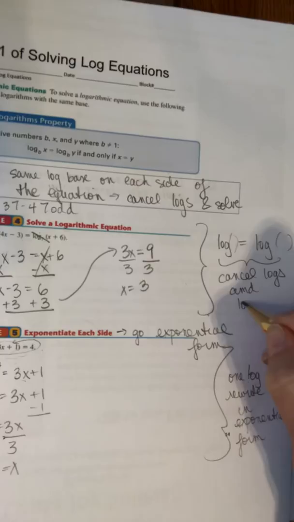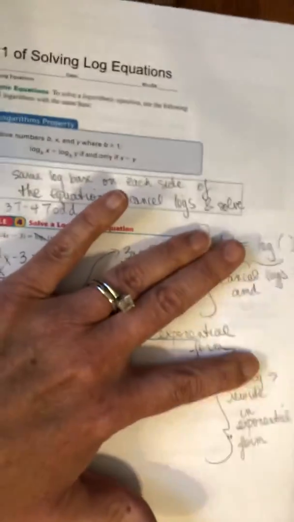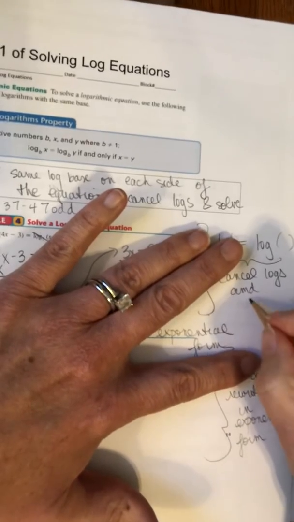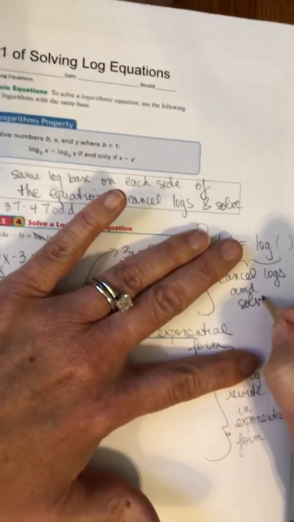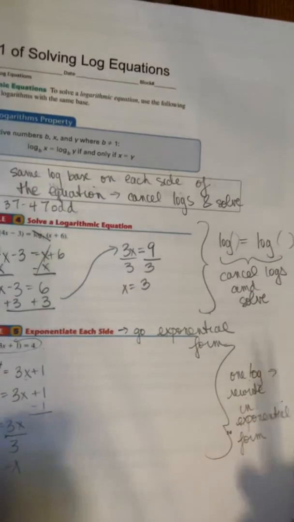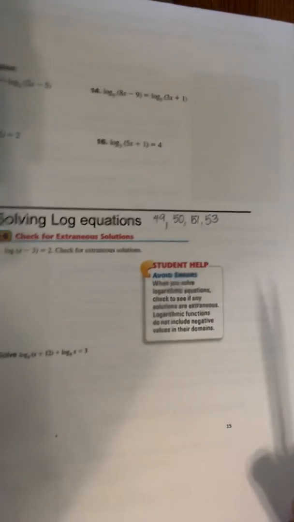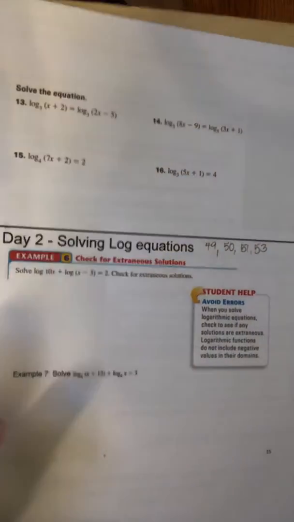So you kind of have to look at what the equation looks like initially to figure out what method you'll use. You're going to see on your homework one of these two scenarios, all right? So if we turn to the next page, you can see we have some examples. I'll do a few of these with you, maybe 3 or 4.